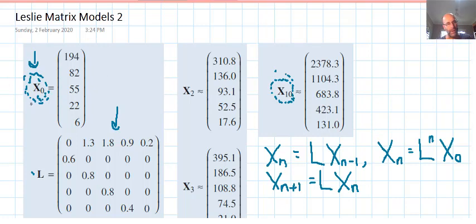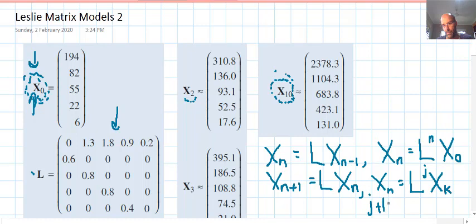But what if we're not given x sub 0? What if we're given that instead? Well, we can expand on this pattern. To get x sub n, provided you've got the Leslie matrix, you raise it to a power, we'll call that j, and multiply it by whatever population vector you've been given, let's call it x sub k, provided that j plus k, those natural numbers, j plus k equals n, the pattern will work.